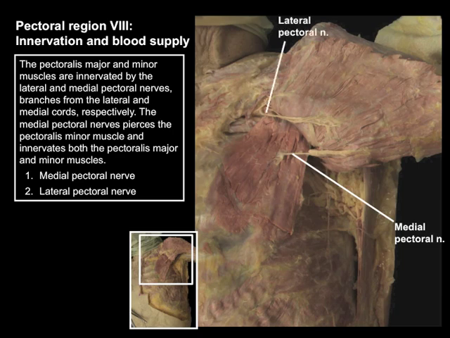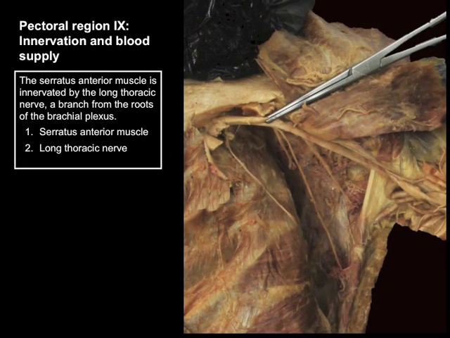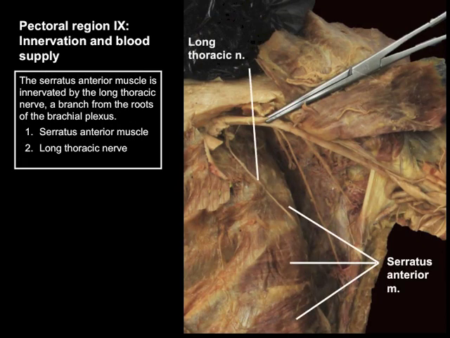The lateral pectoral nerve only innervates the pectoralis major muscle. If their naming seems confusing at first, remember these nerves are named based on where they emerge from the lateral or medial cords, respectively, not where you see them entering the pectoralis major and minor muscles. The serratus anterior muscle is innervated by the long thoracic nerve, a branch from the roots of the brachial plexus.